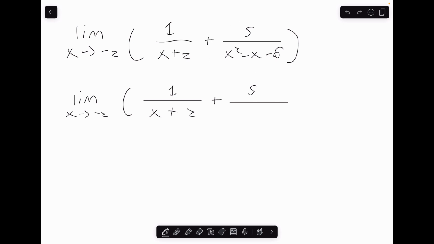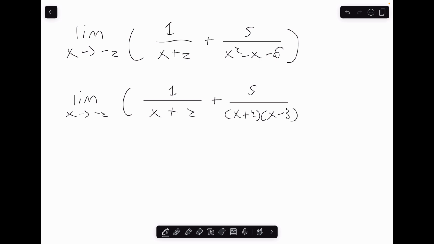So we need to find 2 numbers that add to negative 1 and multiply to negative 6. So negative 3 plus 2 is negative 1, and negative 3 times 2 is negative 6. So we have x plus 2 and x minus 3. Fairly easy.